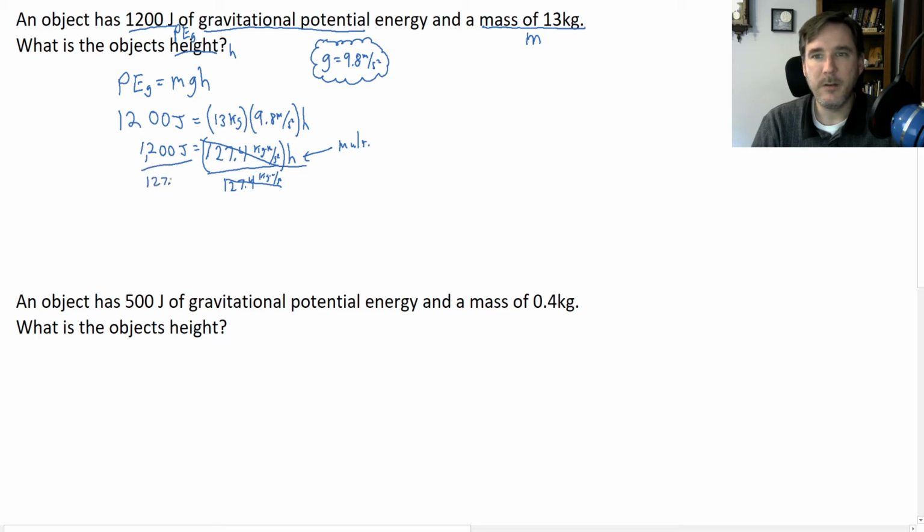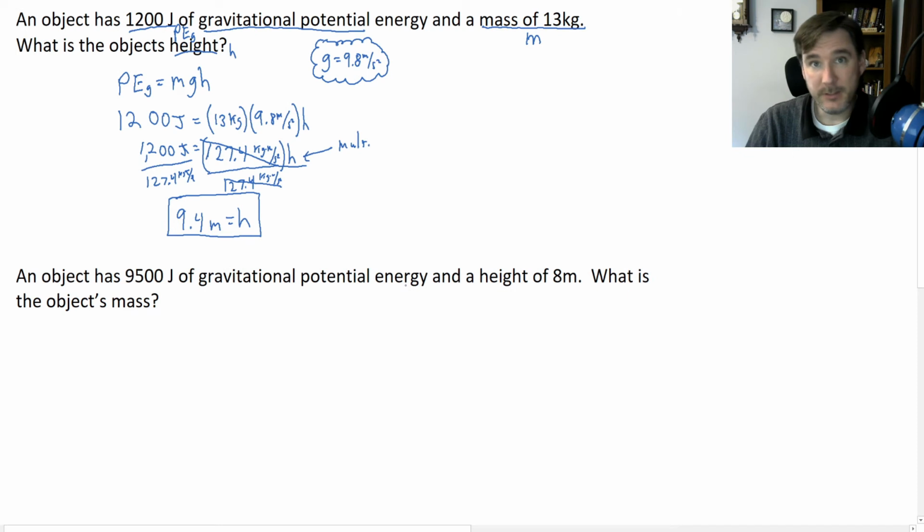So 127.4 kilogram meters per second squared. And so if I take 1200 divided by 127.4, I get a height equal to 9.4, and the units end up canceling out and leaving us with just meters. That will be our height.